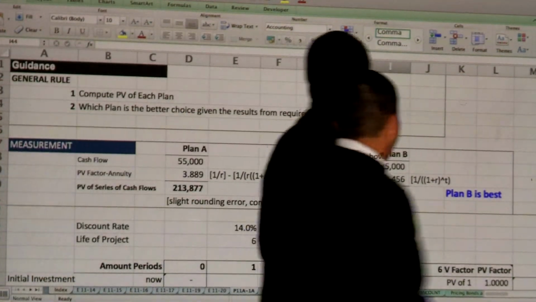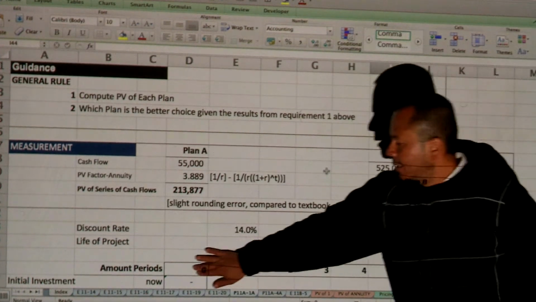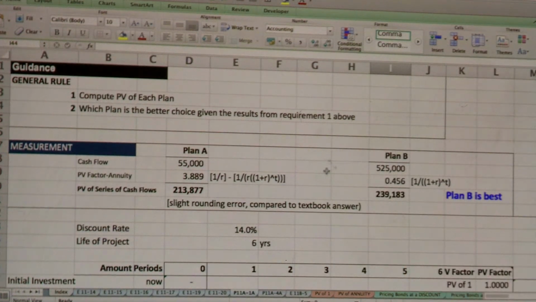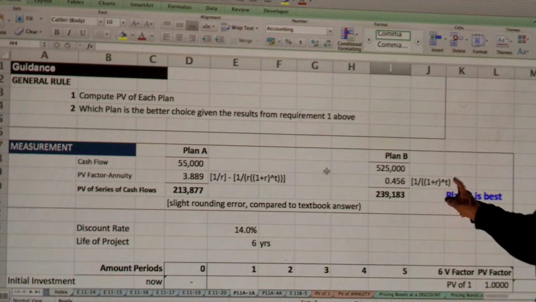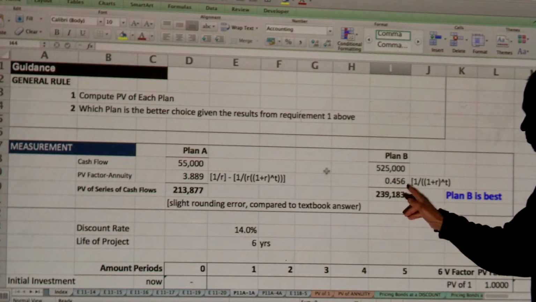Talking about Plan B first makes it easier because, if you look down here, I already have set up a timeline. I always do a timeline for any of these things, and so under Plan B, you're being given a total of $525,000 at the end of this year. So what is the actual present value?